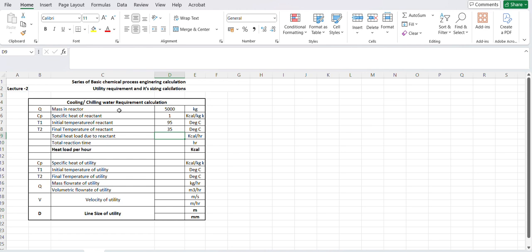Then to calculate the heat load based on the mass of the reactant, we just have to do the energy balance, because this is not the case of phase change. So here only sensible heat will take place, and if there is any latent heat participation in any particular reactor, then you have to add m lambda.